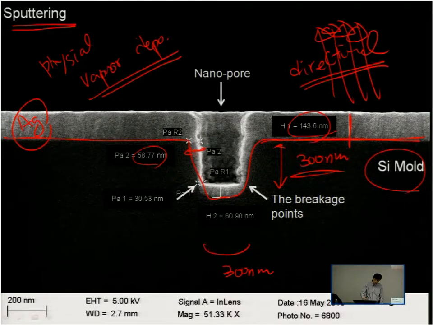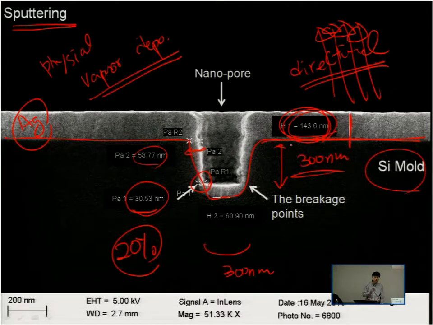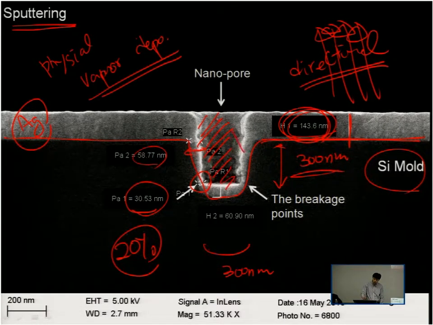Especially in the corner of this cavity the thickness is only 30 nanometers, about 20% of the vertical thickness. So if our process is designed to fill all these nano cavities, sputtering or evaporation is not a good choice.